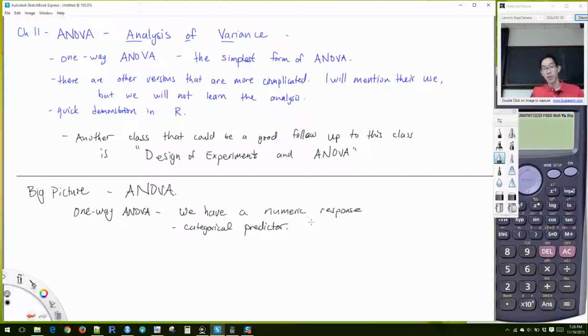This categorical predictor, I'm putting predictor in quotes, can have more than 2 categories.